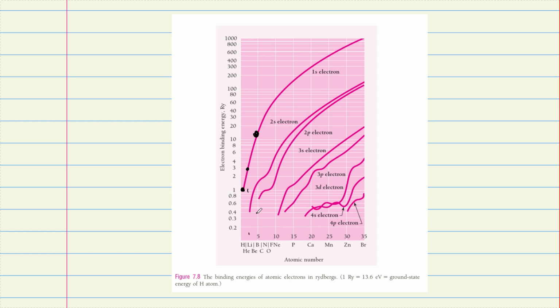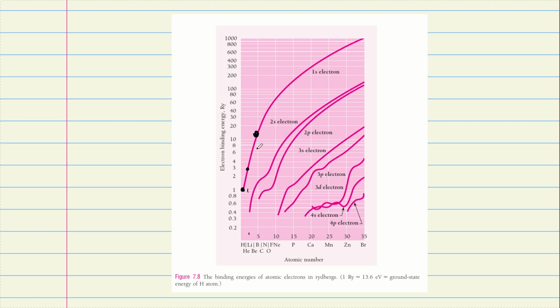And what we see is, as you go from hydrogen to lithium to beryllium and so on, it's getting harder and harder to break that electron because nuclear charge is increasing.